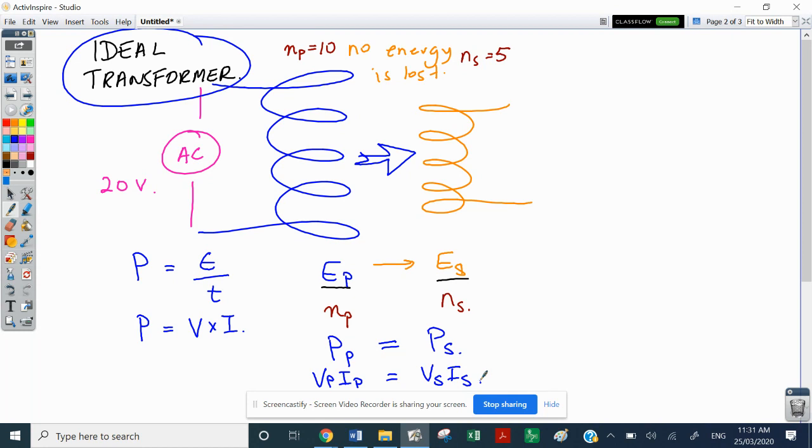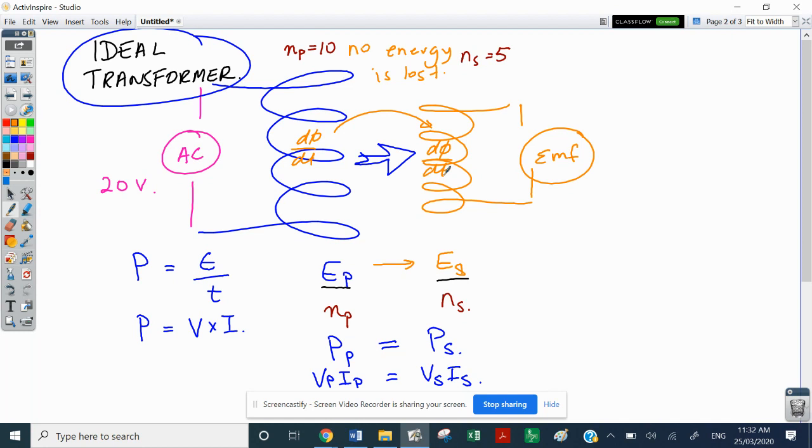So if we are inducing EMF into the secondary coil, this EMF comes about because the change of flux, the phi over t, from the primary coil induces a change of flux. I'll say that again. The rate of change of the flux in the primary coil is the rate of change of the flux in the secondary coil. I will say that one more time so there's no confusion.